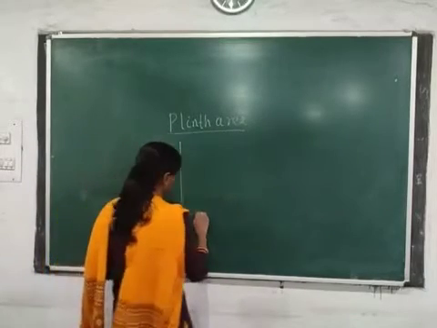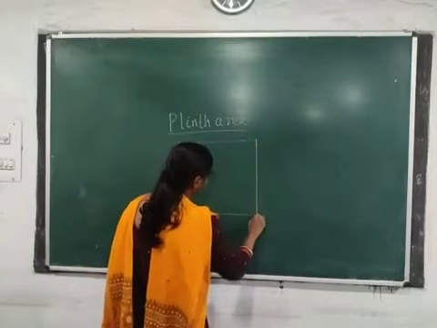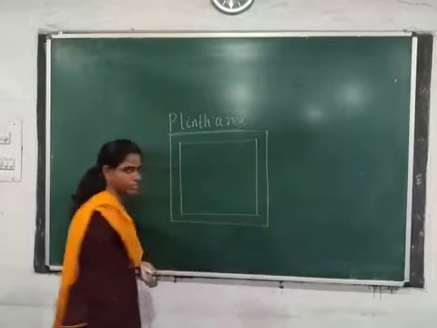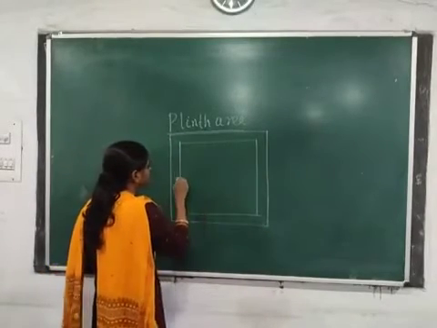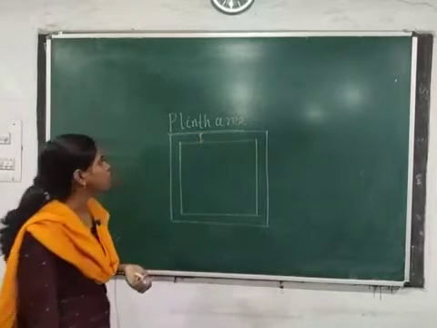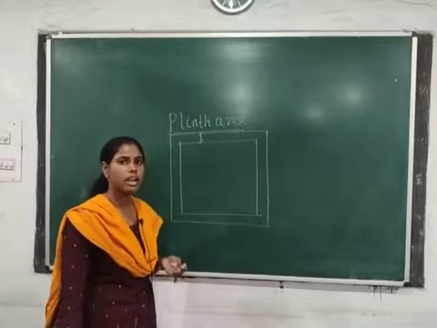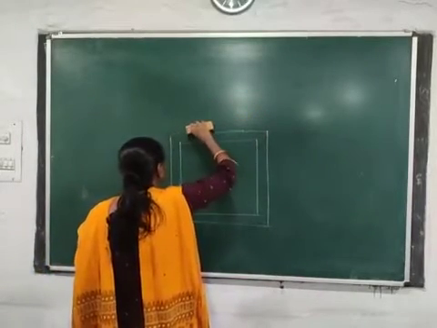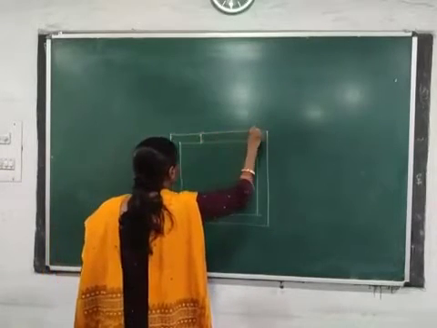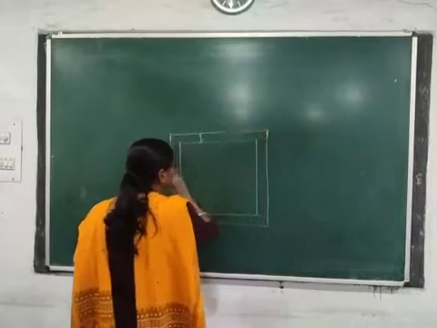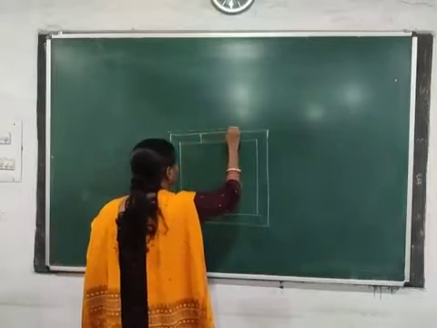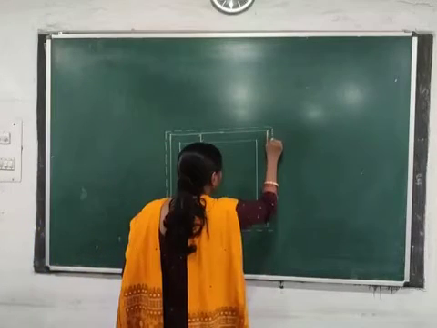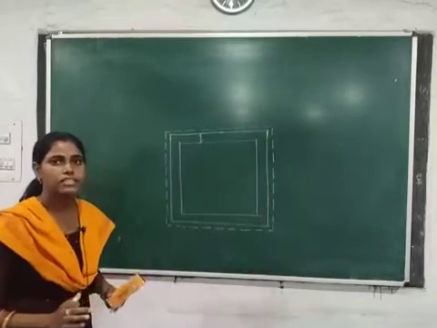For example, this is a plan of a single room building, and this one is the wall thickness at the superstructure level or at floor level, and this dotted portion will represent the plinth offset.